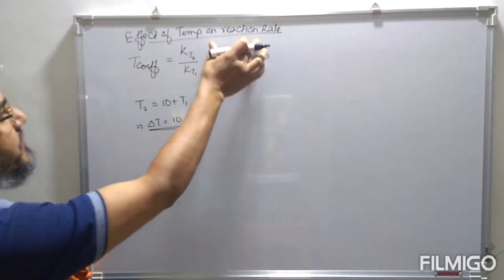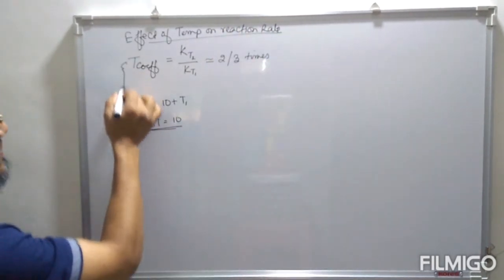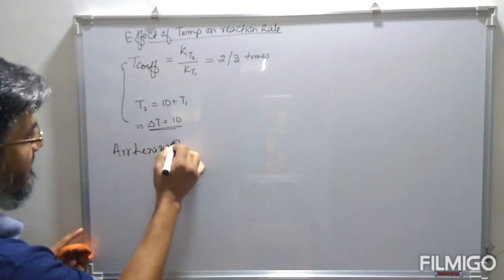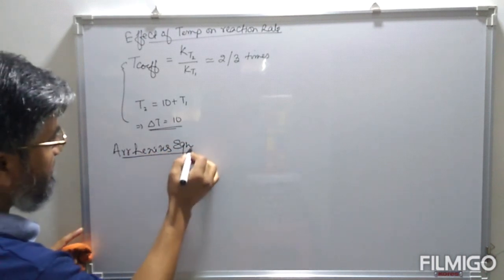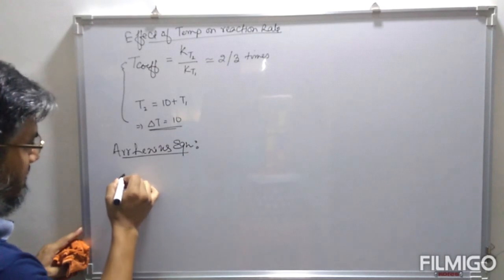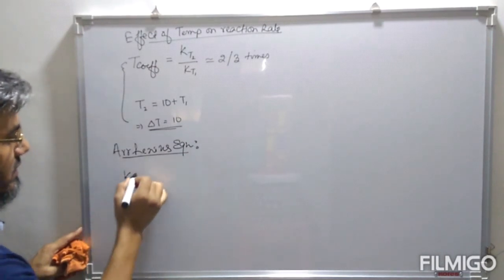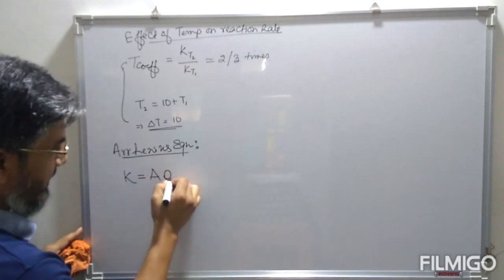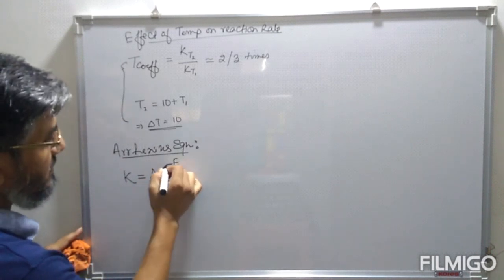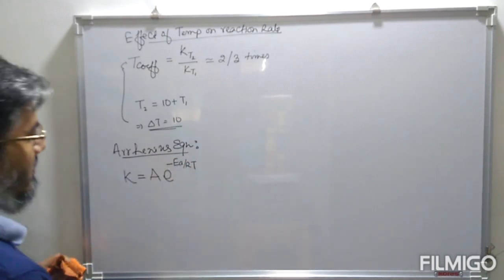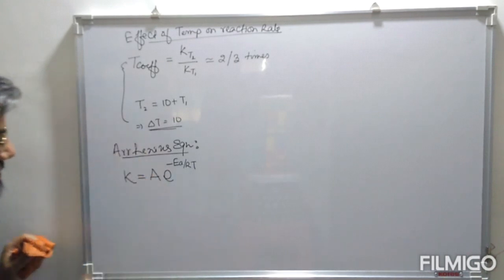So the effect of temperature on reaction rate is defined by the Arrhenius equation. This equation gives a quantitative relationship between the rate constant K and the temperature. So we have this equation: K is equal to A exponential of minus Ea by RT.